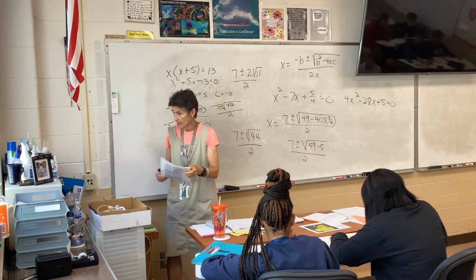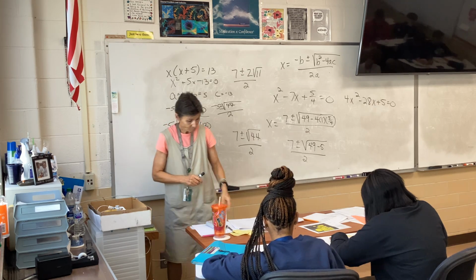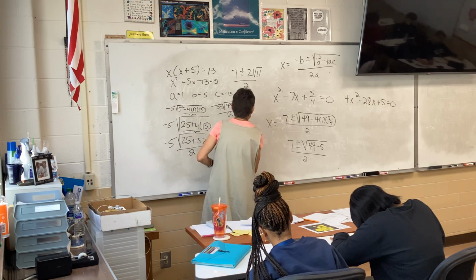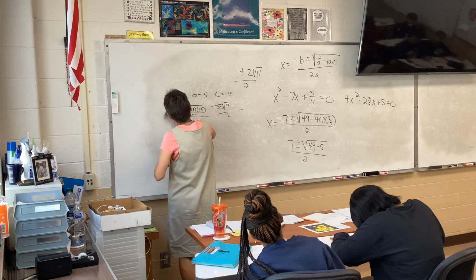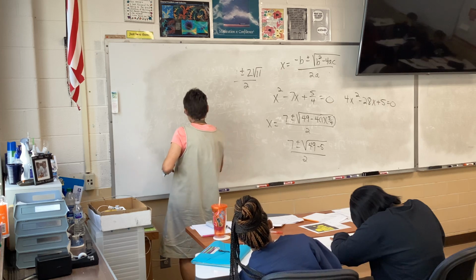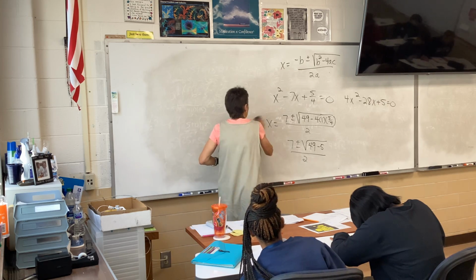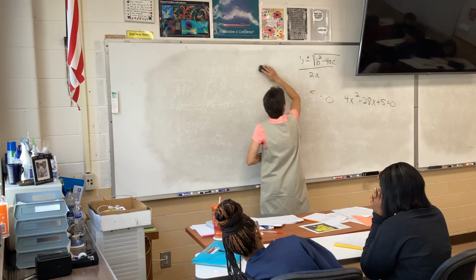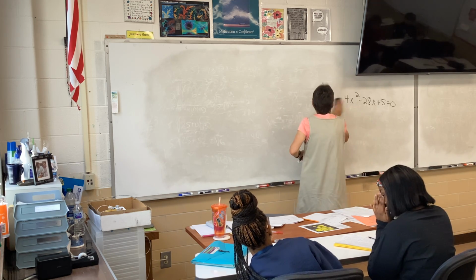All right, let's get our calculators back out. And now we're gonna do some hard equations with our calculator. The other day, we kind of did easy ones because we were just getting warmed up, figuring it out. Now we're gonna do some harder ones.